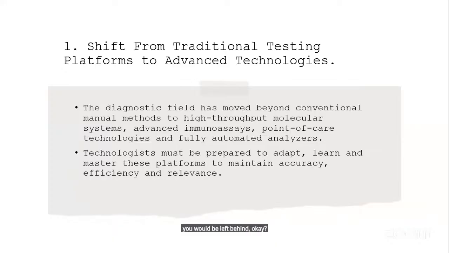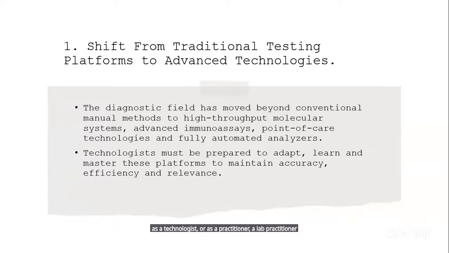So now that you understand that we have a tremendous shift from the traditional testing platforms to more advanced technologies, how are you positioning yourself to make sure that as we advance technologically, you also advance skill-wise? As we advance in terms of the testing platforms, you also advance your skills as a technologist or as a lab practitioner.